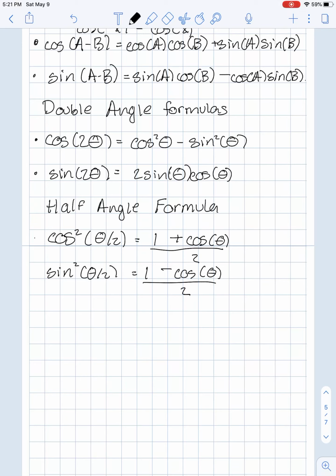There's also one more thing, and it's called the law of cosines.